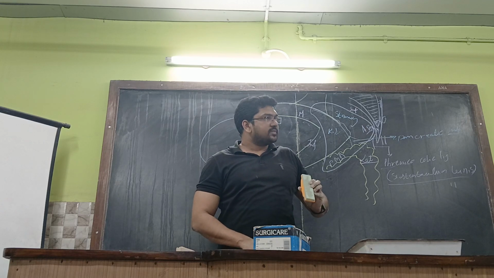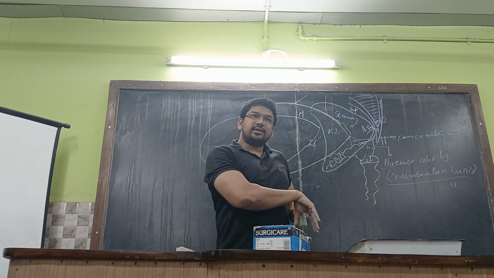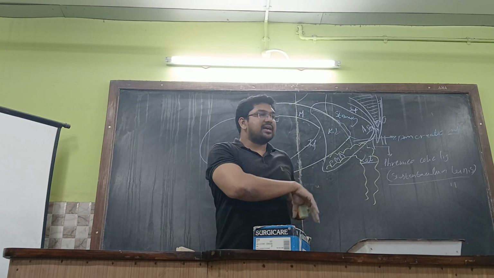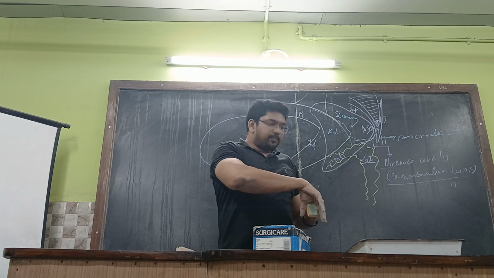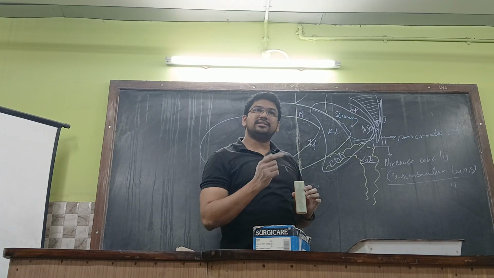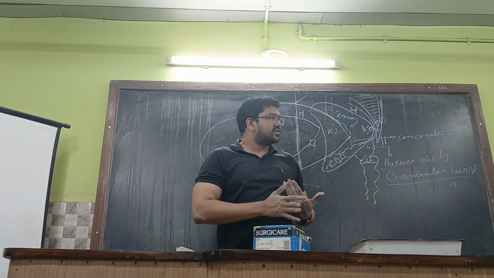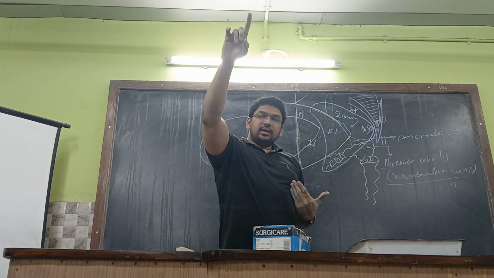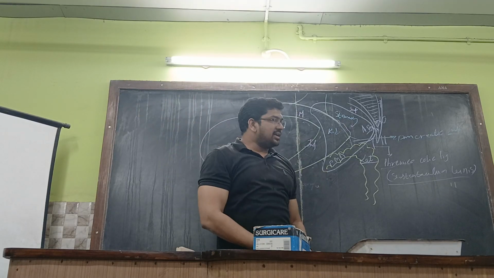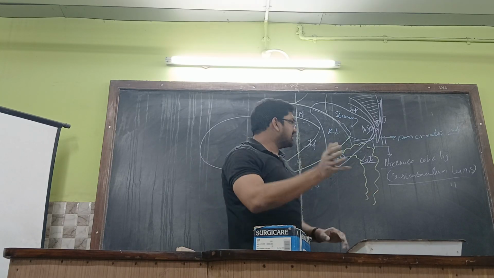There is already a colic flexure over here, so that will be pushed in front of the spleen. If you percuss at this level, there will be resonance because of the air present in the intestine. Understood or not, everyone? So just below the costal margin, if it is resonant, then it is kidney malignancy. If it is dull, it is splenic malignancy.